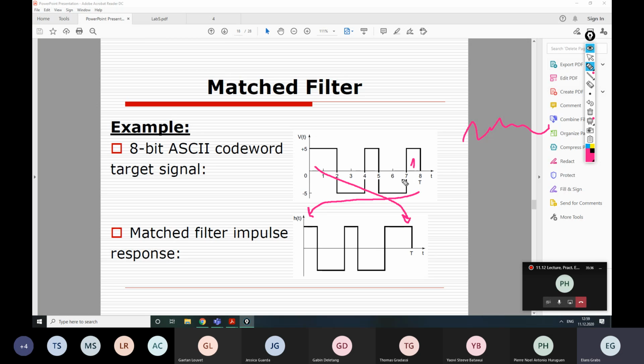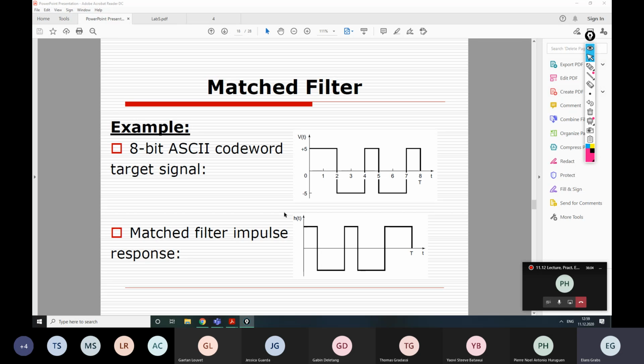So here you can see 1, 0, 0, 1, 0, 0, 1, 1. And that's exactly the reverse of the impulse response. So the impulse response is quite easy to calculate. We just take the signal which we need to find and read it from the opposite direction. So we flip it horizontally, right?